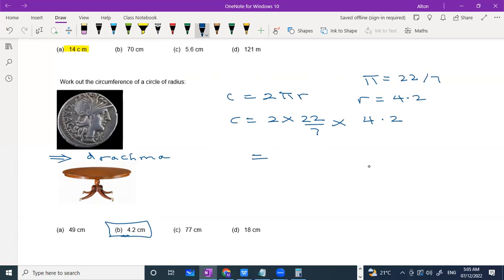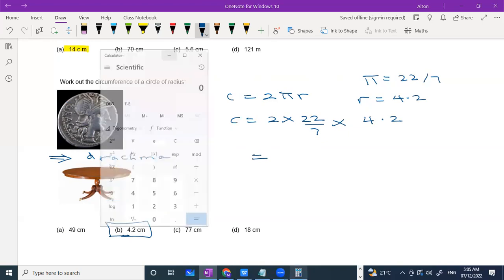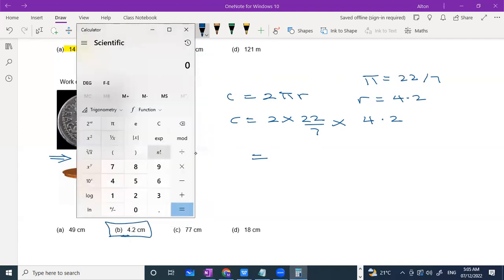Maybe we can get the help of our calculator, right? I'm going to take 22 and divide that by 7, equal. Are you seeing it? 3.14. Yeah, that's our pi, rounded to 2 decimal places. I'm going to multiply that by 2.